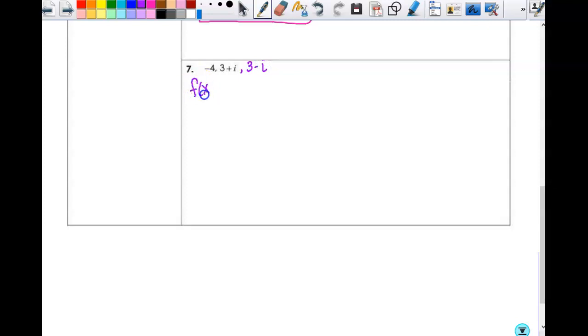So I get f of x equals x plus 4 times x minus, in parentheses, 3 plus i, and then times x minus, in parentheses, 3 minus i. Anytime you substitute in something with more than one term, you have to put it in parentheses.